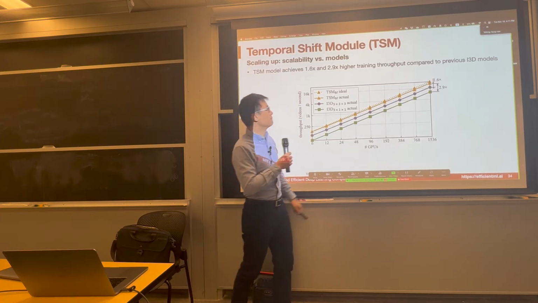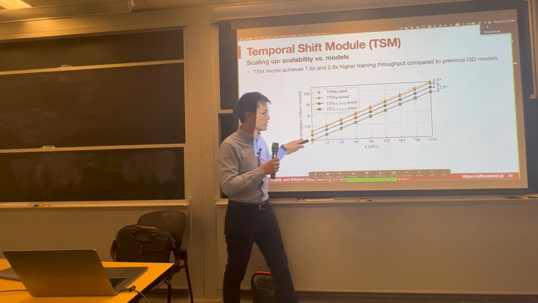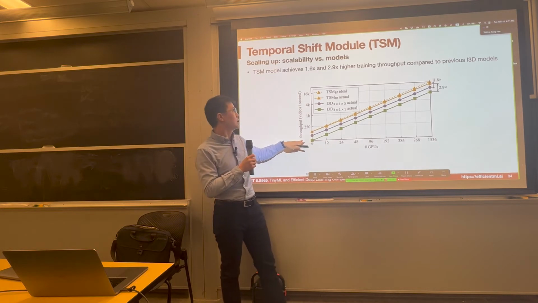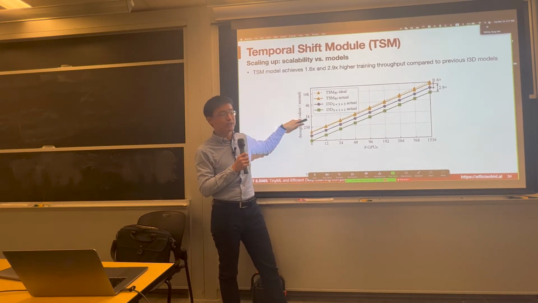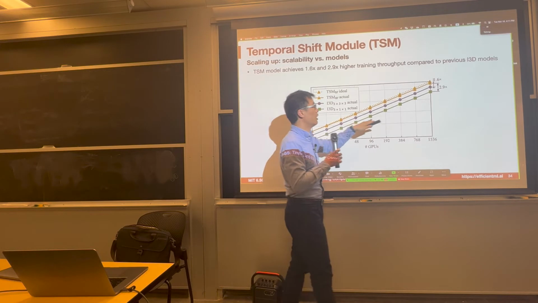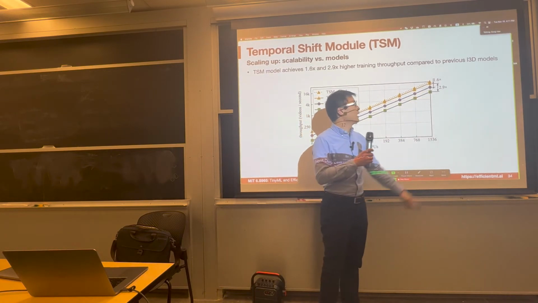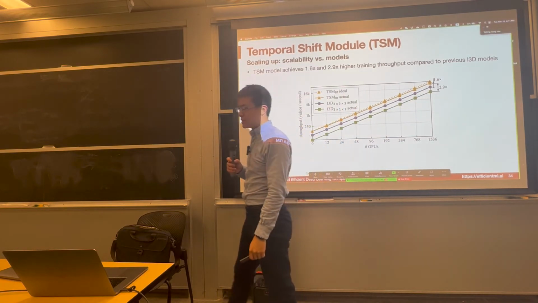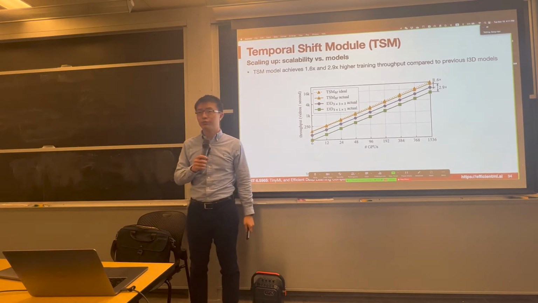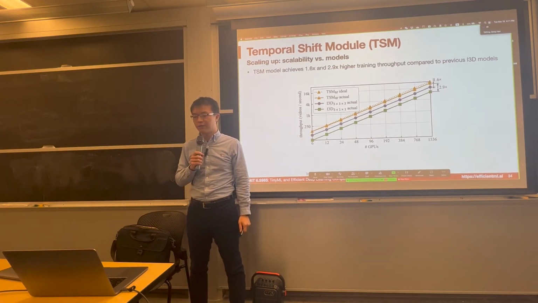Okay? TSM is showing the number of GPUs versus the throughput, videos per second. This is in log scale. So actually, the TSM is about 60% to 2.9 times faster than these baseline I3D methods.